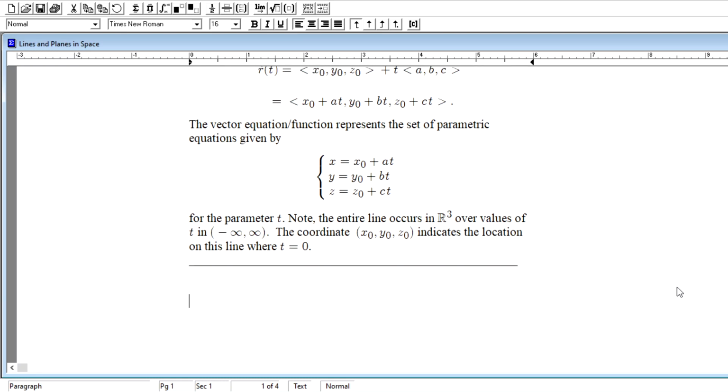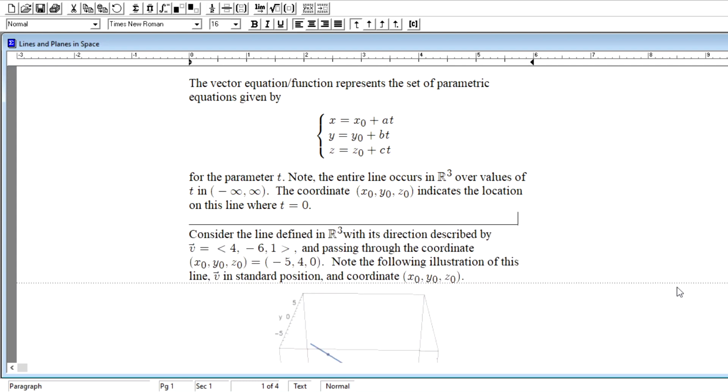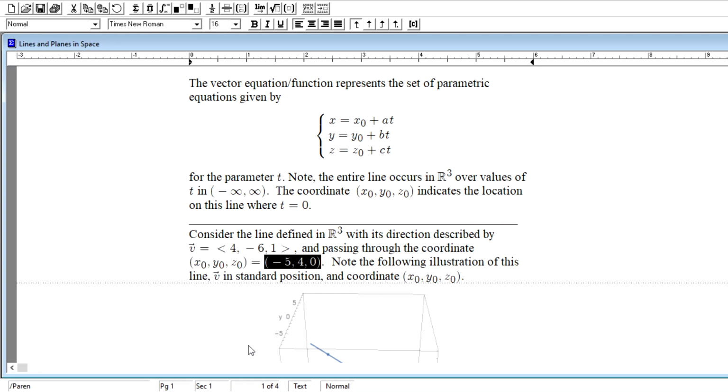All right, if we were to look at an example of this, let's see here, I can get this example up in the view. We might consider the line defined in three-dimensional space, with its direction described by the vector 4, -1, 6, and passing through the coordinate -5, 4, 0 in space, the coordinate x null, y null, z null, given by this three-dimensional coordinate.